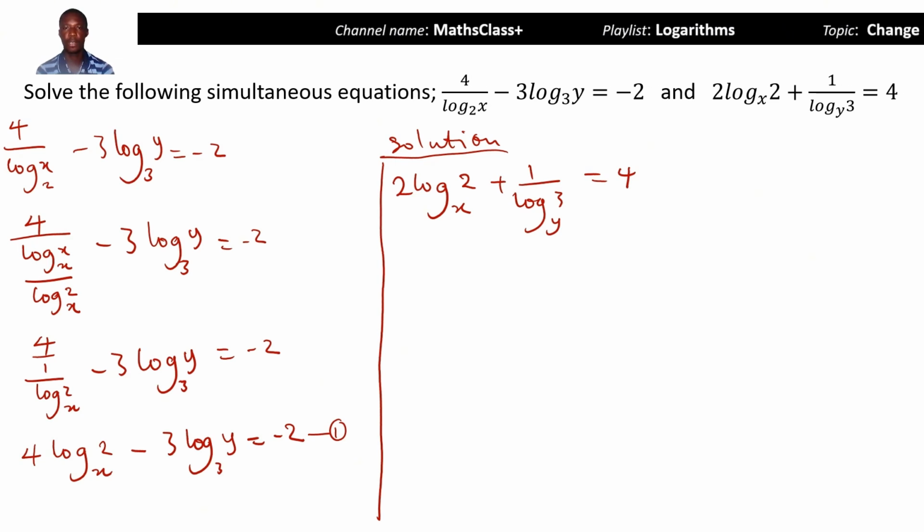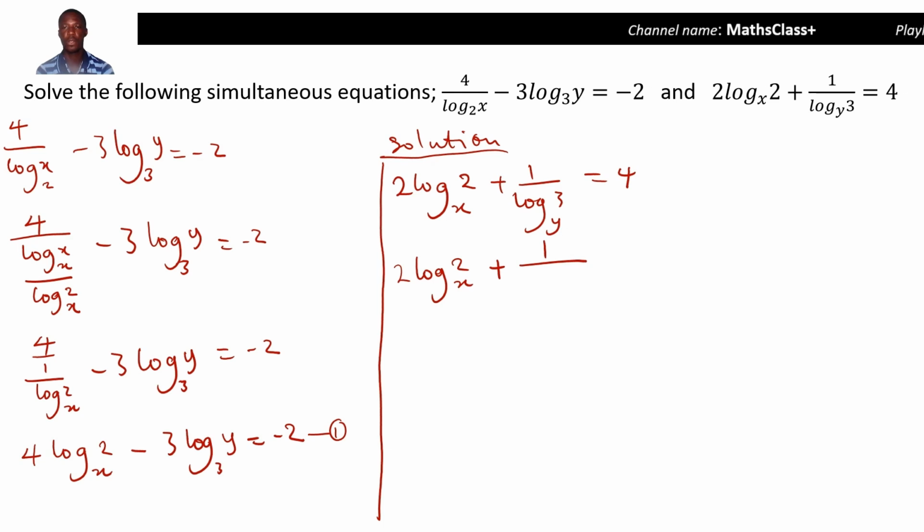So here I'll maintain 2 log 2 base x, and I'll change the base of log 3 base y and choose the base of 3. So I'll have log 3 base 3 divided by log y base 3. This is equal to 4.